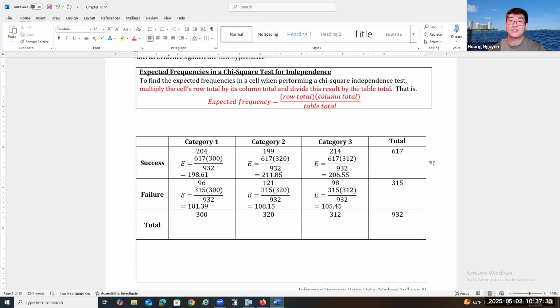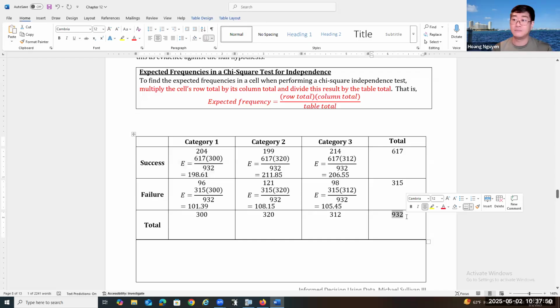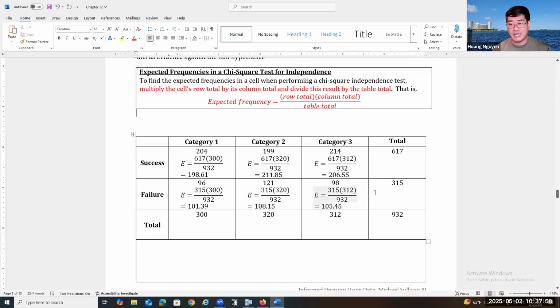contingency table. So the expected frequency is equal to the total of the row times the total of the column divided by the table total. So when you take a look at the cell right here, you have to find out the row total and then the column total and then divide by the table total. That's going to be the value at the corner right here, 932. So that's going to be one of the steps in your hypothesis test.